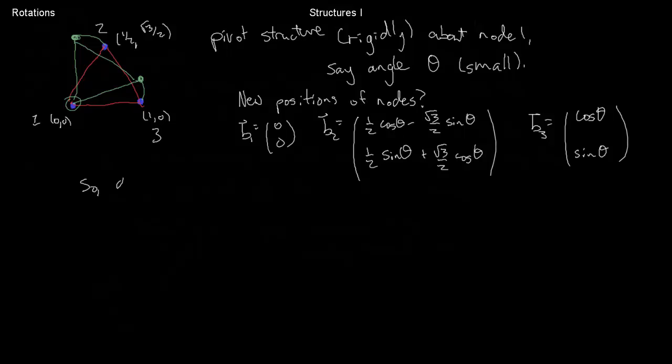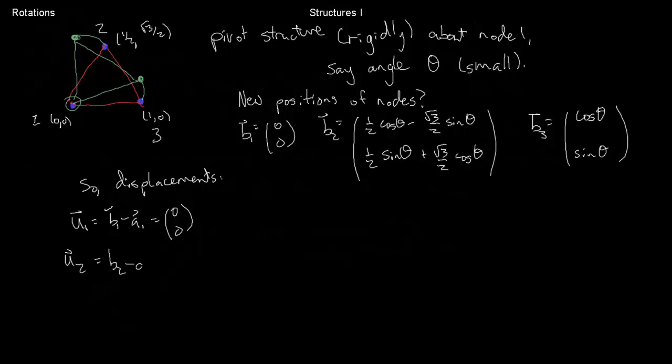It's just cosine theta, sine theta from first year trigonometry. So what are the displacements? Well, the displacement is now B1 minus A1, that's U1, and that's not bad, they're both 0, 0. U2, the displacement of the second node, is not great.